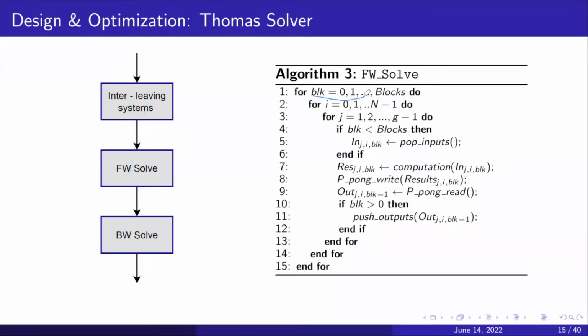Algorithm 3 outlines the structure of the forward solve module, which takes input from a FIFO and pushes outputs to another FIFO. Here, a ping pong buffer is used for the continuous execution of this forward solve, and all 3 loops will execute in parallel using this ping pong buffer based technique.